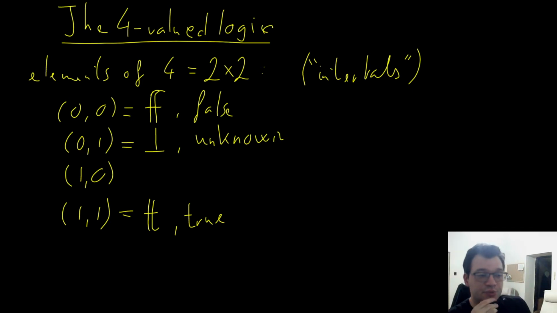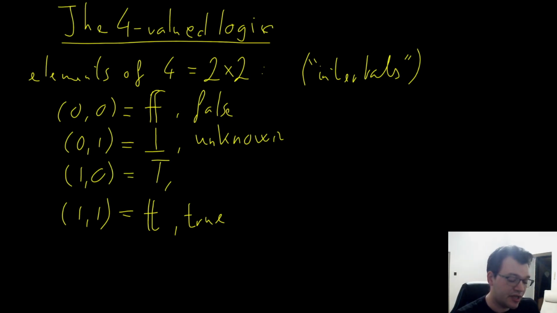And for the last one, 1,0, we just included it for the sake of completeness, but it will turn out that our algorithms will never produce this particular value, so this is usually called top, and this is called the inconsistent logic value.